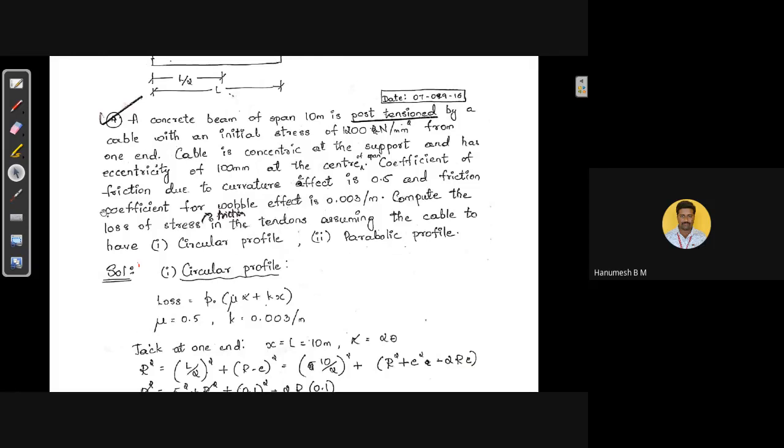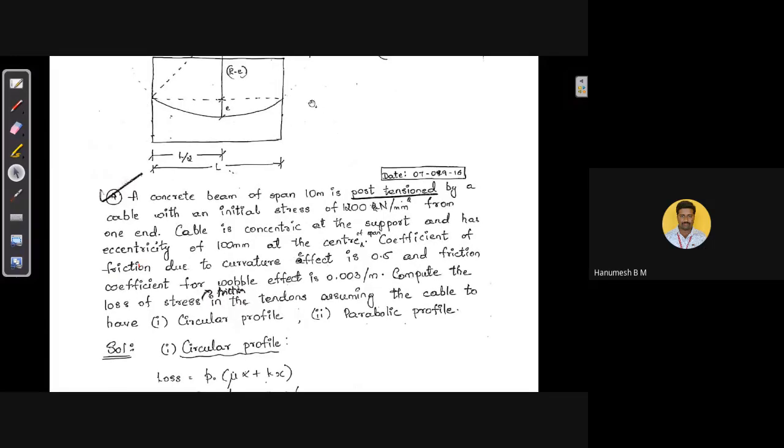The cable is concentric at the support and has an eccentricity of 100 mm at the center of the span. The coefficient of friction due to curvature effect, mu, is 0.6.